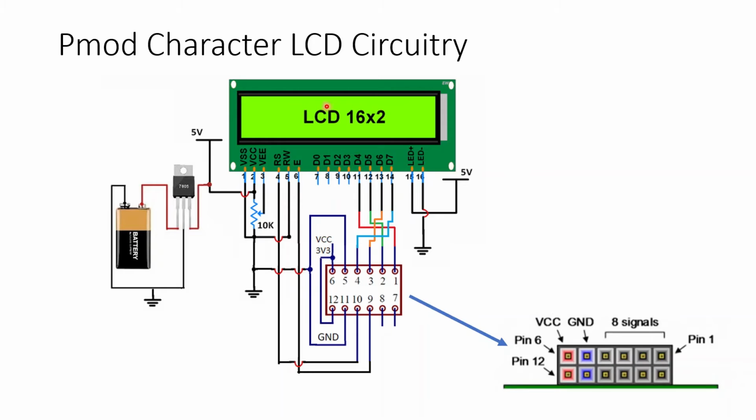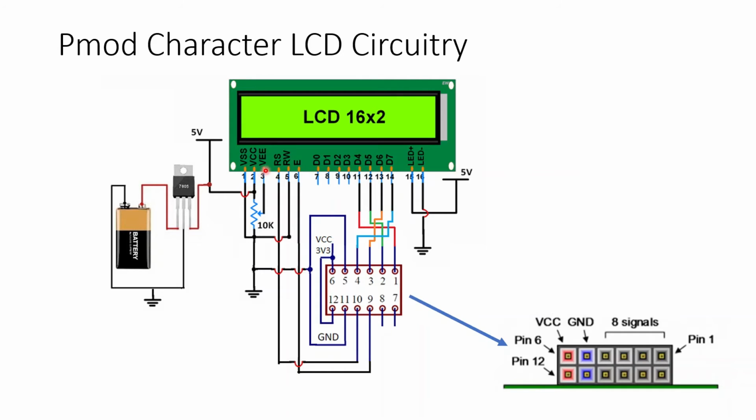This is because the character LCD cannot work with 3.3 volt. Here I'm using an external power supply to provide 5 volt to the LCD, because the PMOD can support only 3.3 volt. The problem is that when you use 3.3 volt, the contrast of the LCD is too low to display any readable text. That is because the VEE, connected to the 10K potentiometer, should be at least 4.5 volt lesser than the VCC.